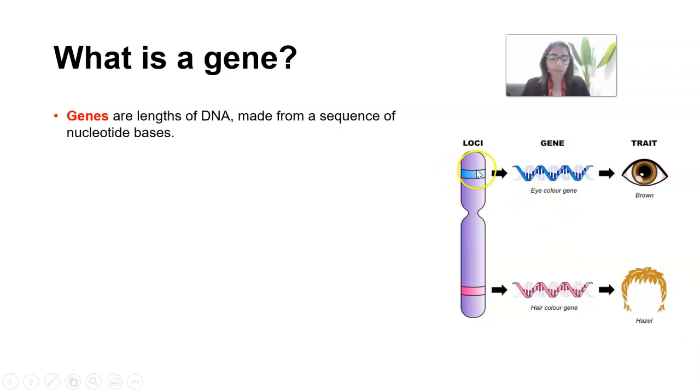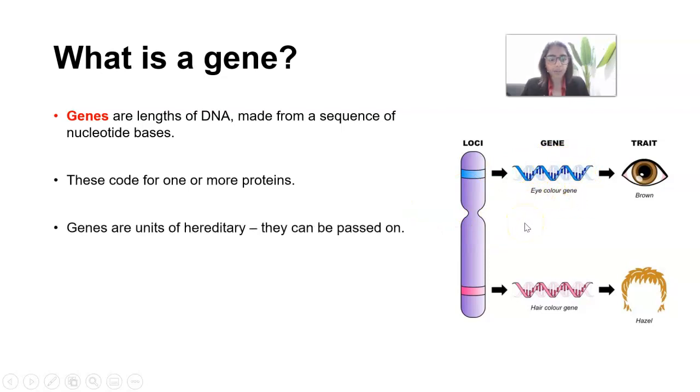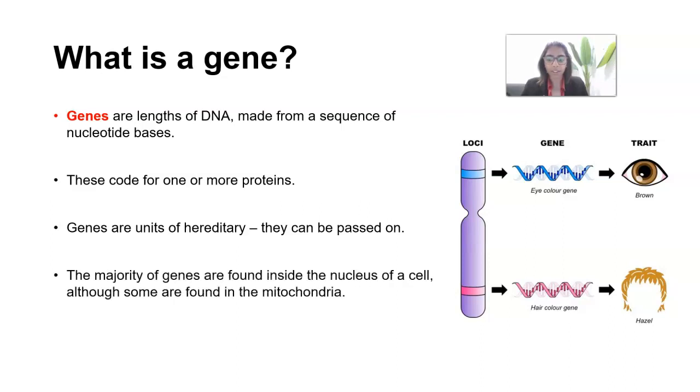So this small section here, if we zoom in on that DNA strand, we can see that there are nucleotide bases there in a particular sequence. Now that particular sequence will code for one or more proteins, and those proteins can be passed on to future generations. So we describe them as units of heredity.